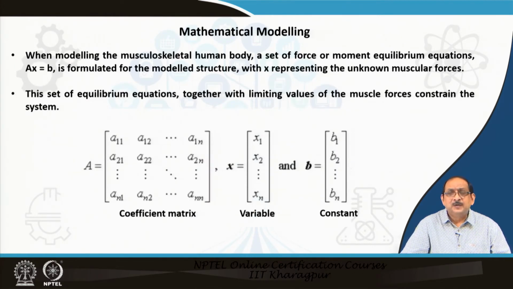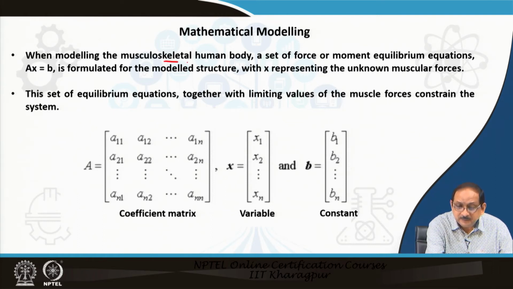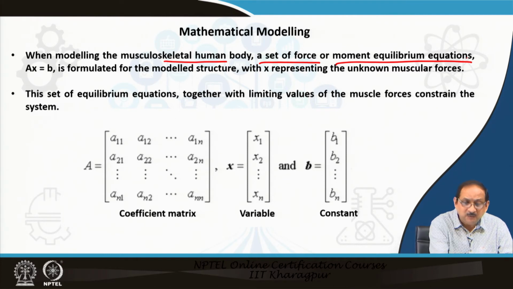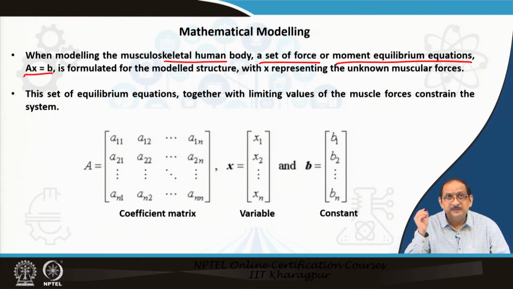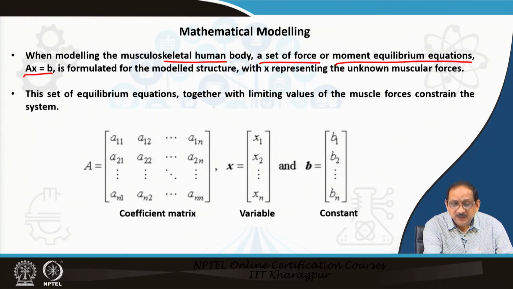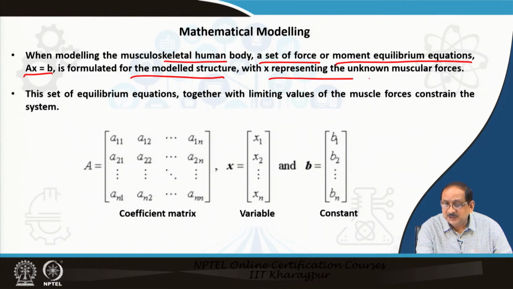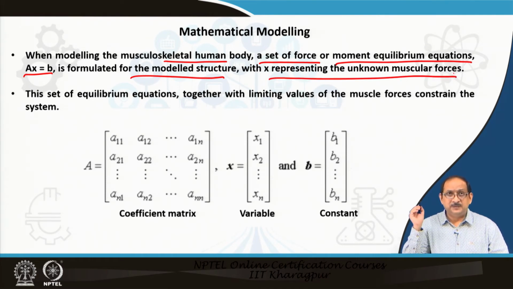Let us now discuss the mathematical modeling. When modeling the musculoskeletal human body, a set of force or moment equilibrium equations in the form of Ax = b can be formulated for the model structure, where x represents the unknown muscular forces.